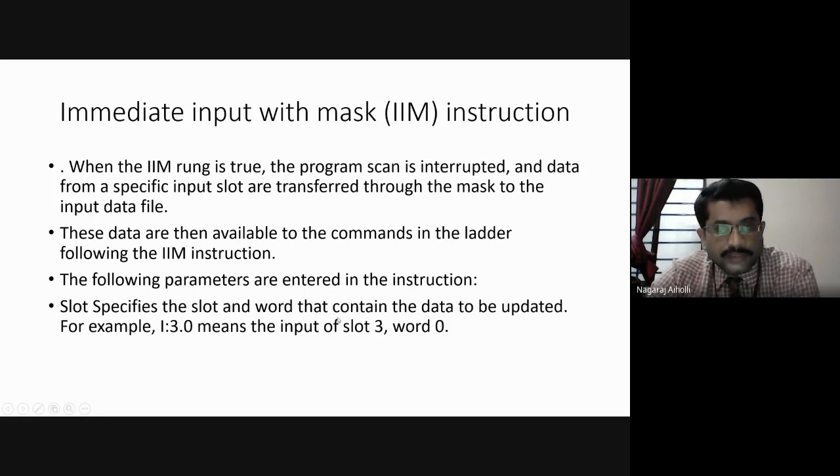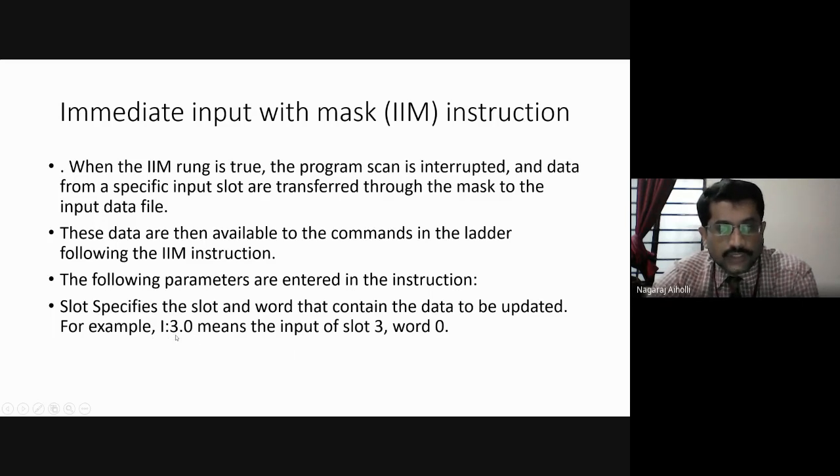The following parameters are entered in the instruction. Which are the parameters entered in the immediate input with mask instruction? First one is the slot. Slot specifies the slot and word that contain the data to be updated. For example, I:3.0, what does it mean? That is input slot 3 word 0.